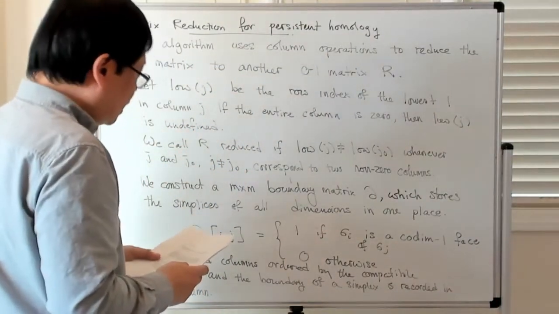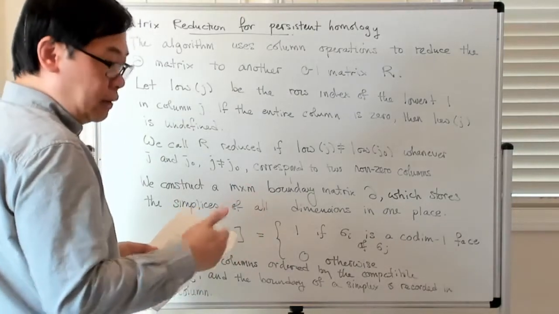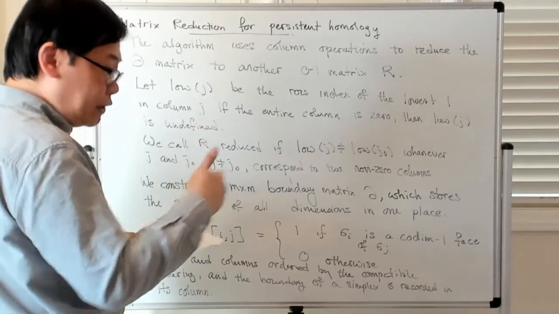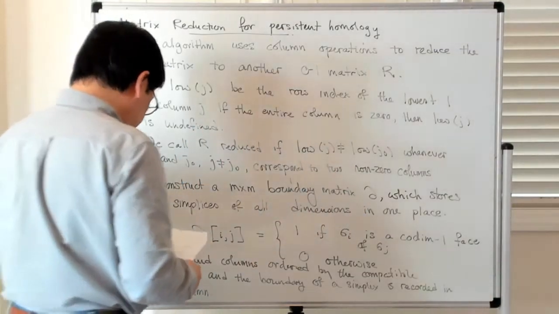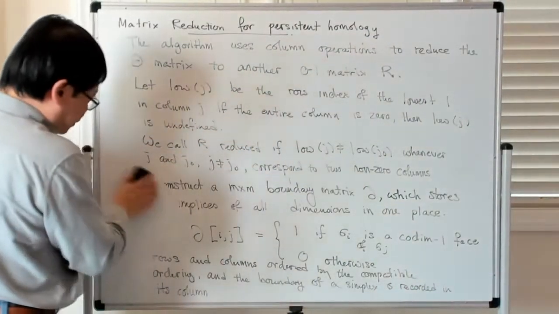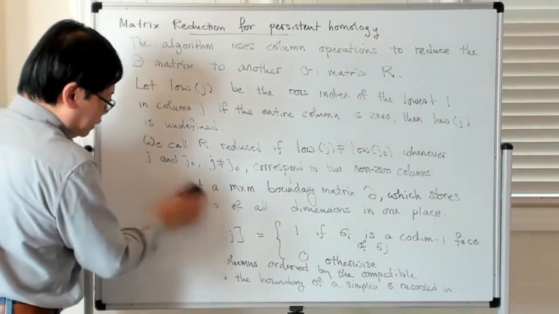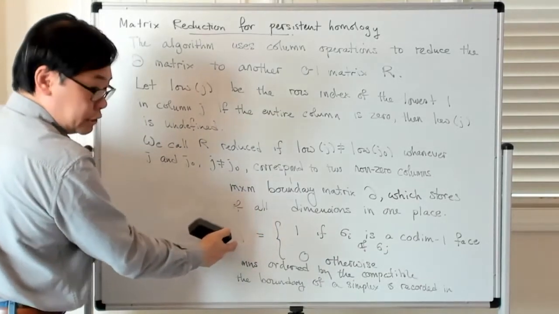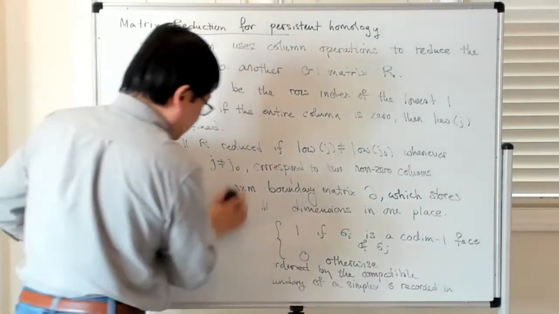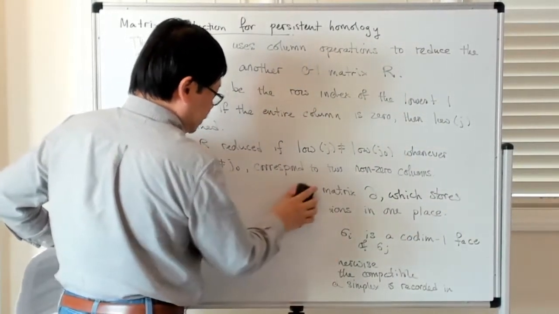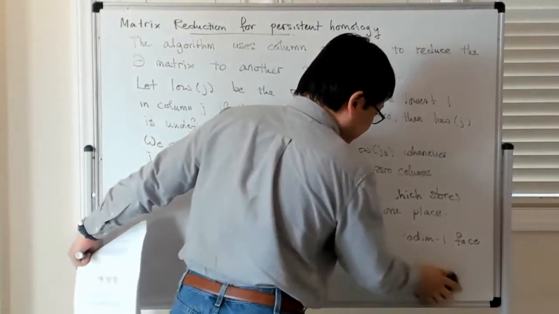We're going to do this through column operations where you take columns from the left and add them to the right. And I'll say a little bit about why you do the left to right thing. It has to do with the structure of the boundary matrix when you have a compatible ordering of the simplices.